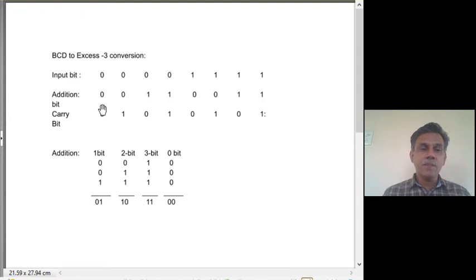So, in general, there are 8 possible ways in which addition we may have to perform. All the bits can be zeros, or it can be 001, 010 and so on. There are 8 possible ways in which addition needs to be done, and this is what we need to perform in any given clock period.